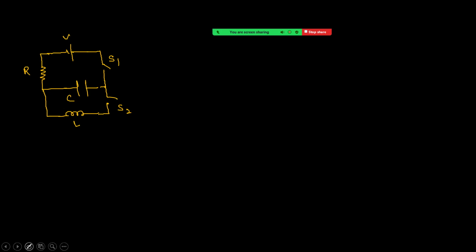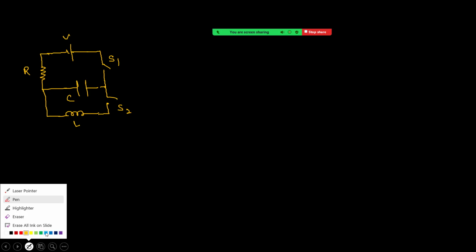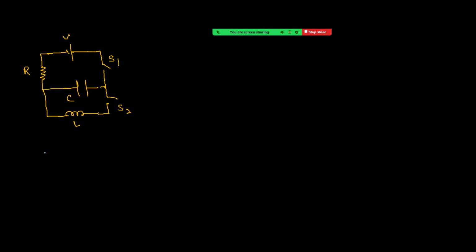Charge on capacitor as a function of time is given by Q equal to Q naught into 1 minus e power minus T by tau. Now first option: after time interval tau, if you take tau here, it becomes e power minus 1.